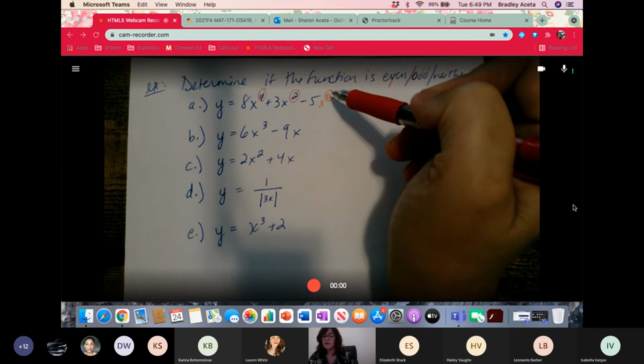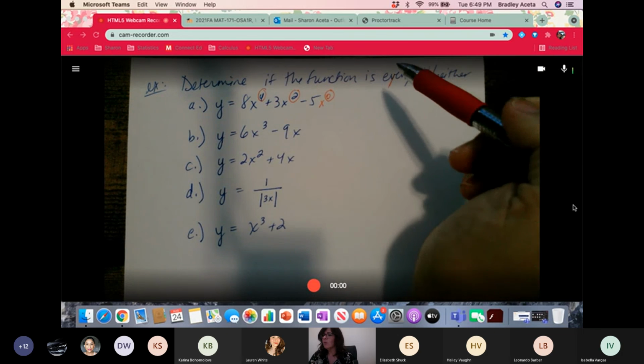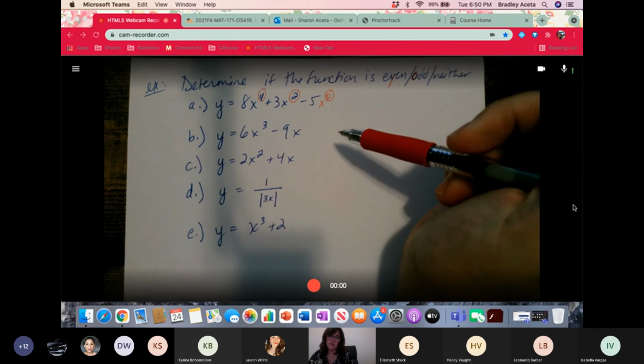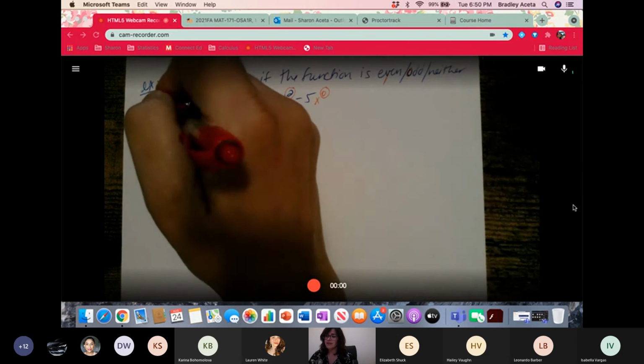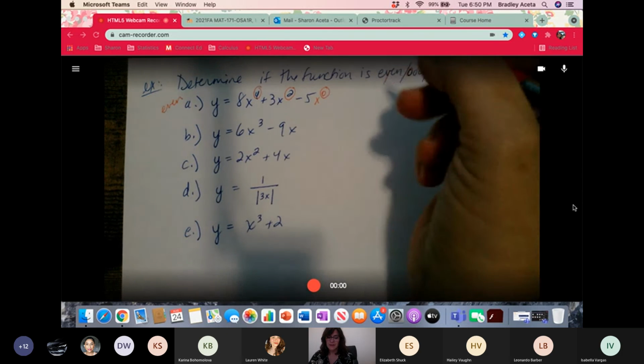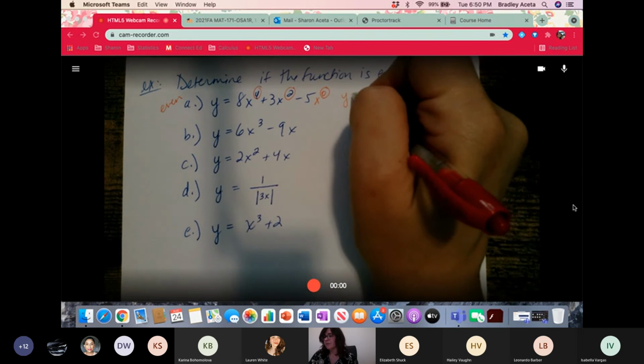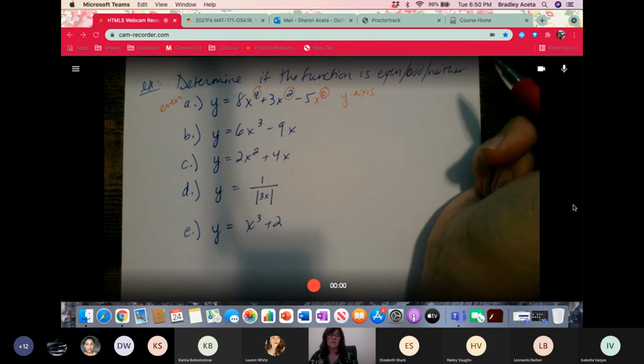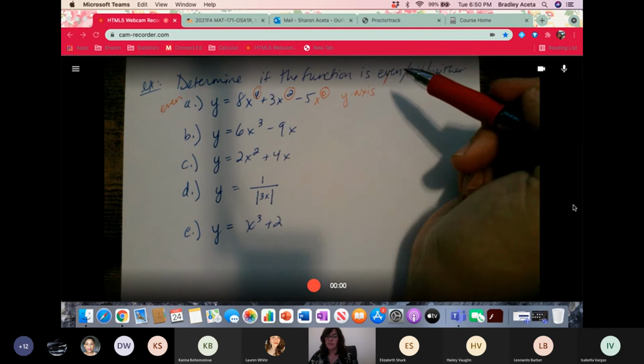So if all of these are even, take a wild guess which type of symmetry this has. This is an even function. It has y-axis symmetry. So this one is even.